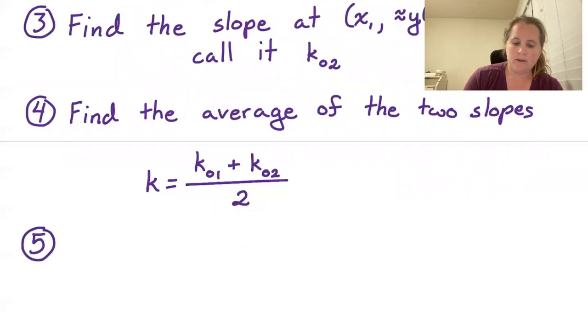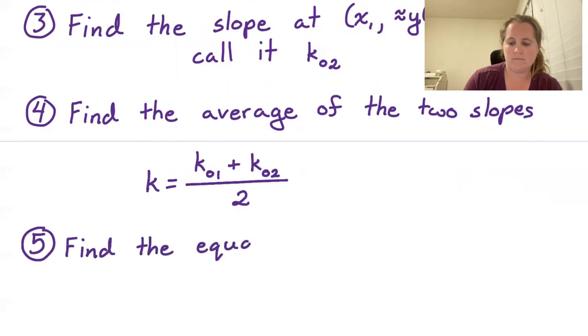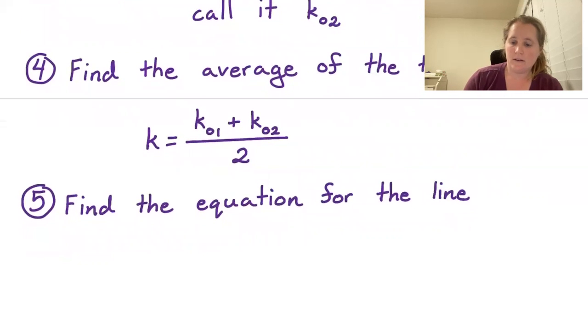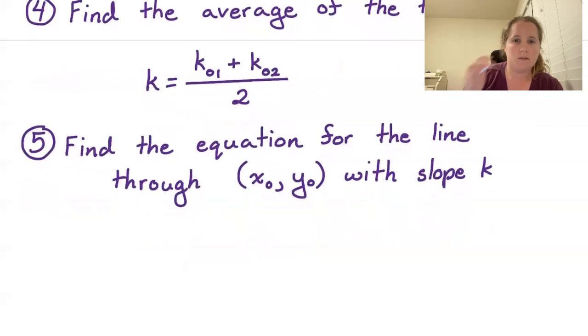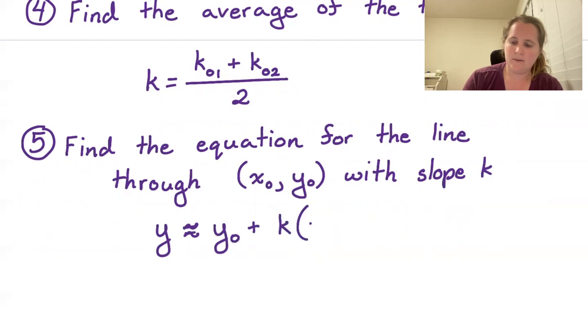Then we're going to find the equation for the line through the point x naught, y naught with slope K. So that equation would be y is equal to, well, this will be our approximation. y is approximately y naught plus K times x minus x naught.